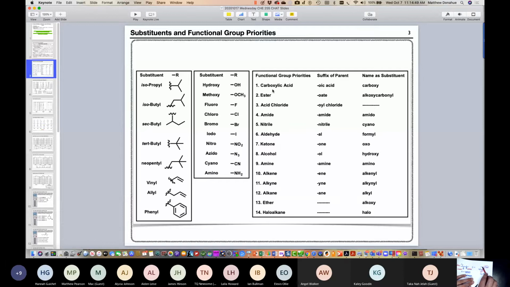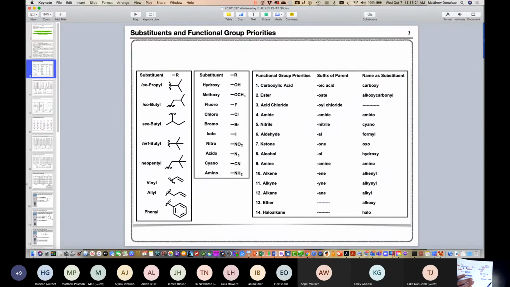It doesn't matter what these other substituents are, this takes priority. So we drop the E, we add OIC, then space, then acid. So hexanoic acid. You do not have to put a 1 in front of that because it's implicit that an acid is always the number 1 carbon.